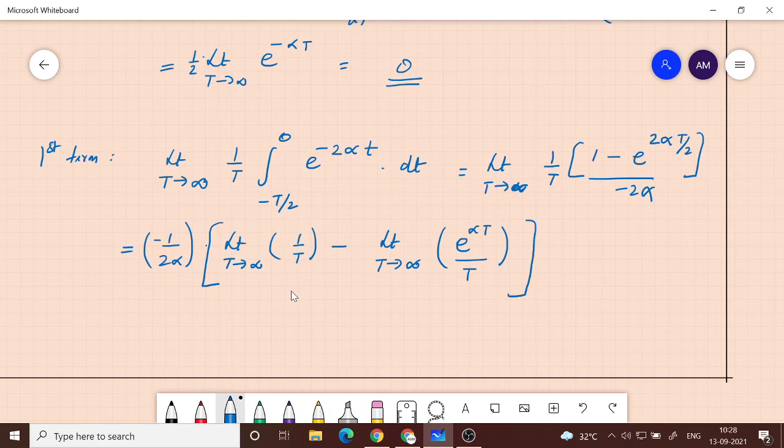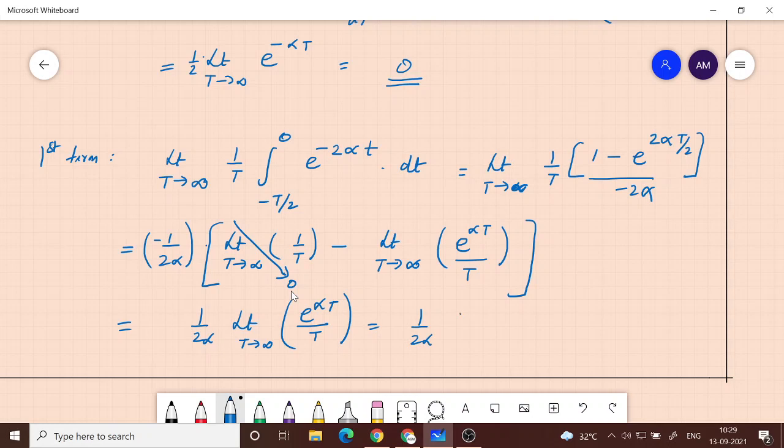Okay, so there are 2 terms here. The first term goes to 0, and therefore I can write it as 1 by 2 alpha, minus minus goes, limit t tends to infinity e raised to alpha t by t. Again apply L'Hospital rule.